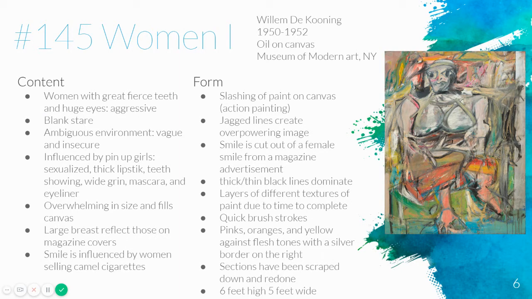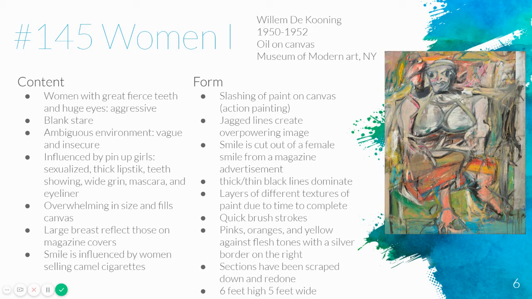In terms of form, here's where abstract expressionism comes in and its specific characteristics. We have action painting here, where we have slashes of paint on the canvas. When you look at how this paint is applied to the canvas, you get an aggressive feeling.